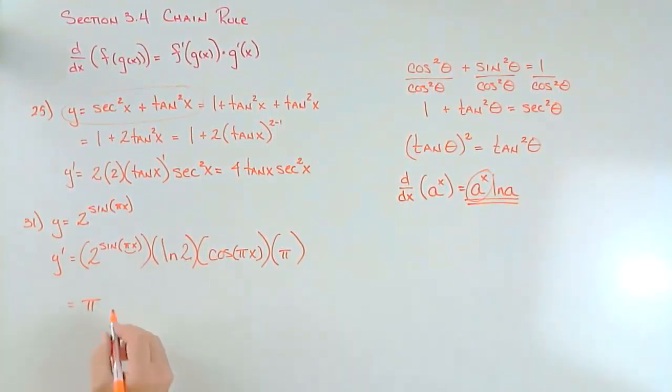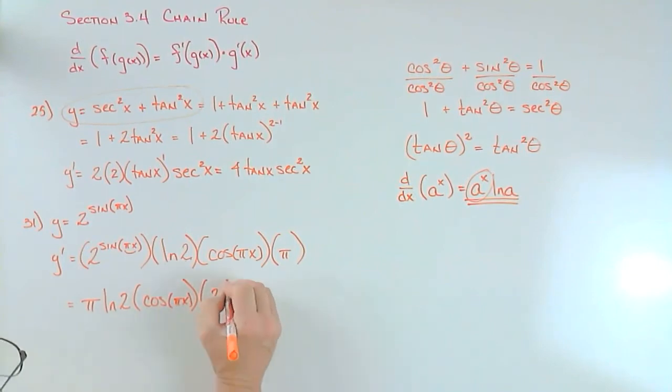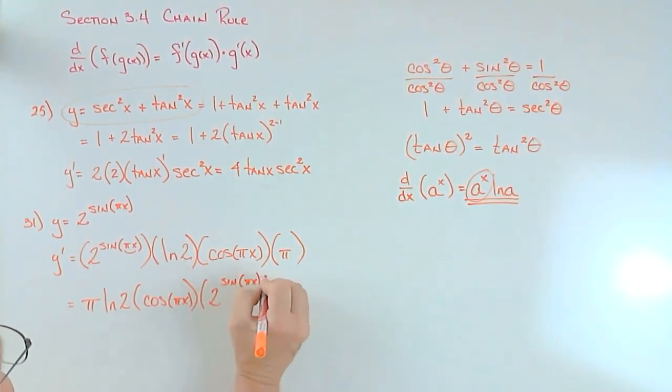And from there, it just becomes what order do you want to write them, right? So I would write them as pi. There's no right or wrong way here. Pi times the natural log of 2 times cosine of pi x times 2 to the sine of pi x. So that's problem number 31.